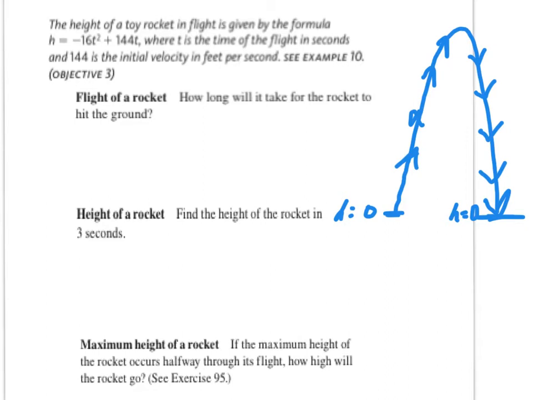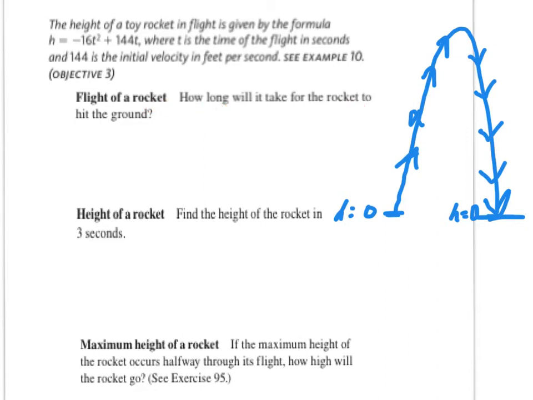So in this formula, your initial upward velocity is 144 t, so that's actually just your rate times time if it was at a constant rate, but it gets slowed down by gravity, and that's the gravity factor that slows it down but then speeds it up on the way back down. And that's what that is.